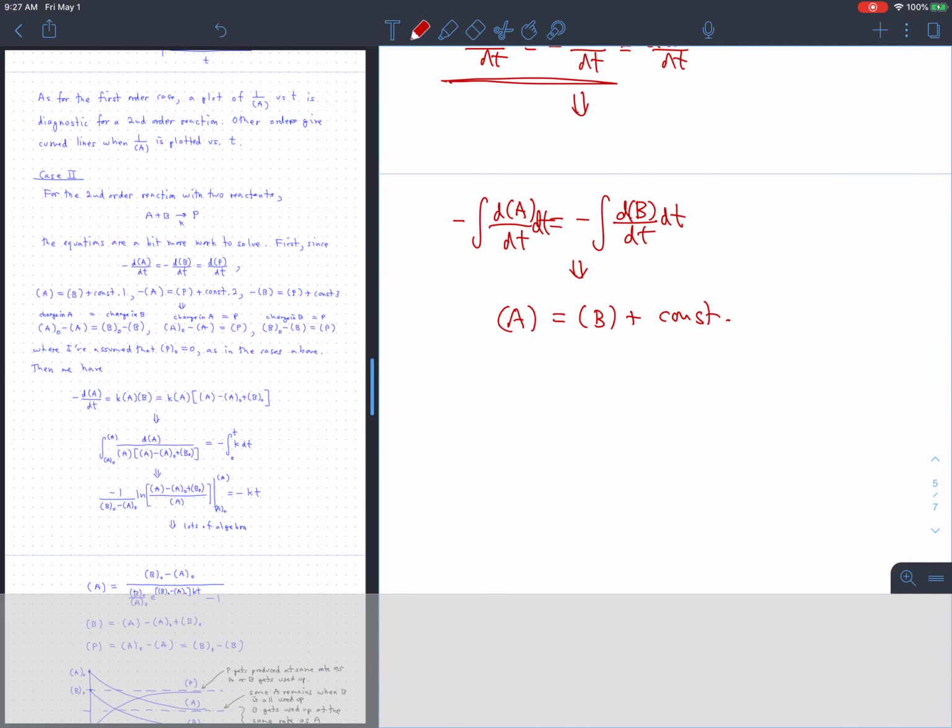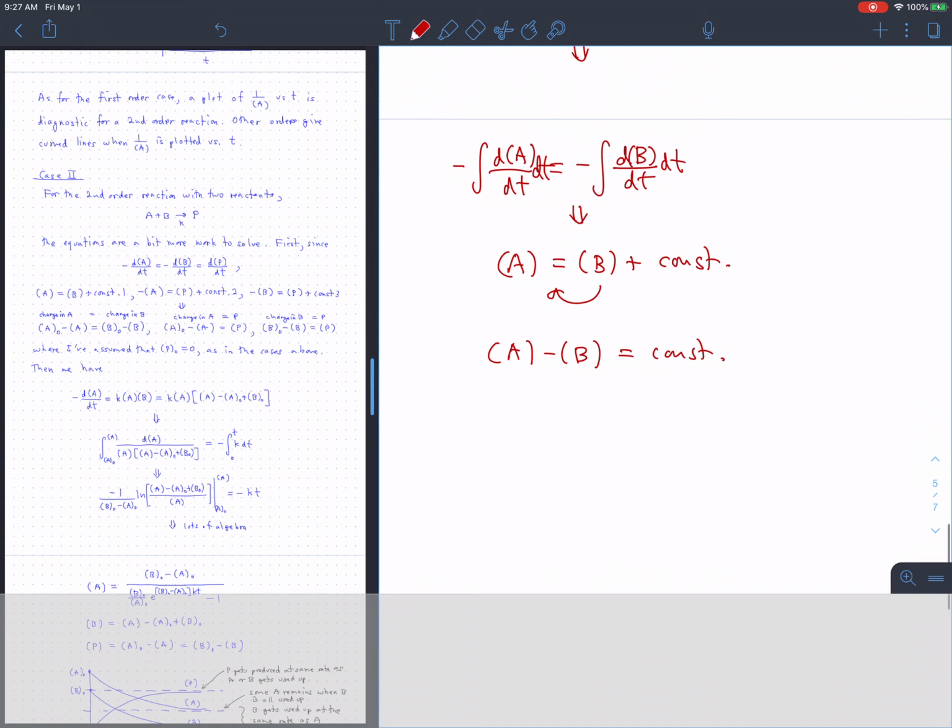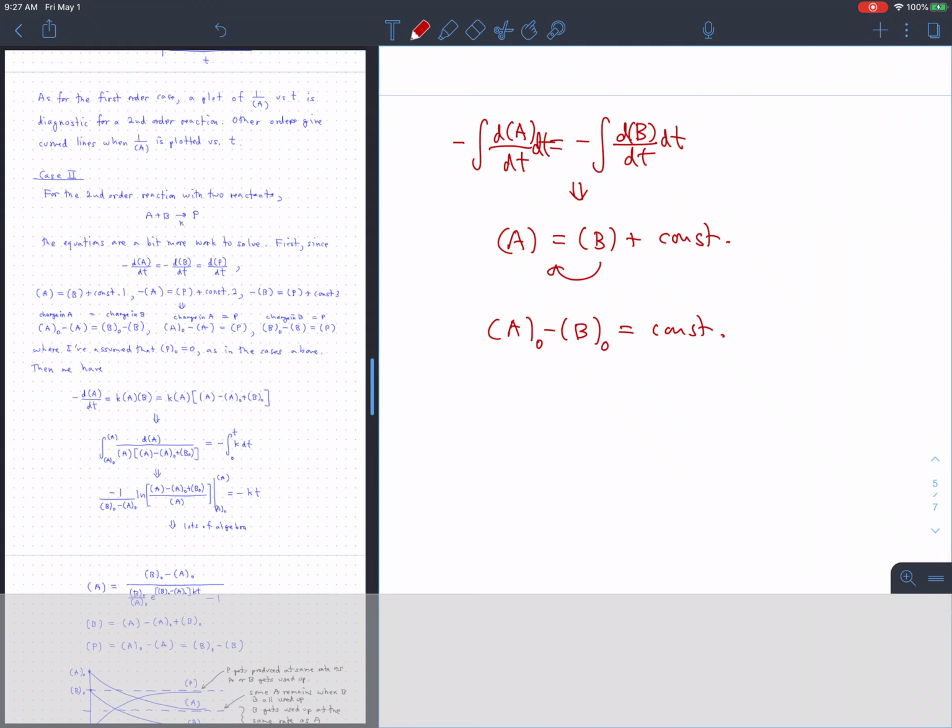And now shifting the B over here, we get that A minus B is equal to a constant. At time 0, both of those are the initial concentrations, so that must be the constant. So we get A minus B is equal to A0 minus B0.